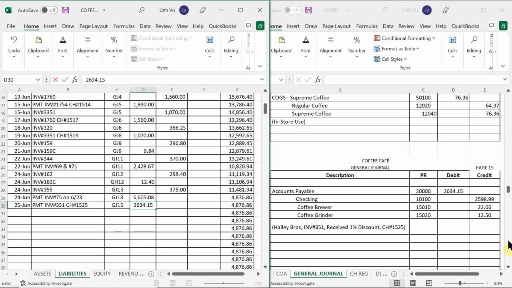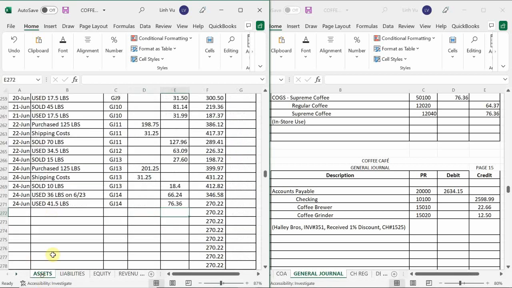Okay, so how much should my ending balance in my accounts payable be? $2,242.71. Excellent. Okay.